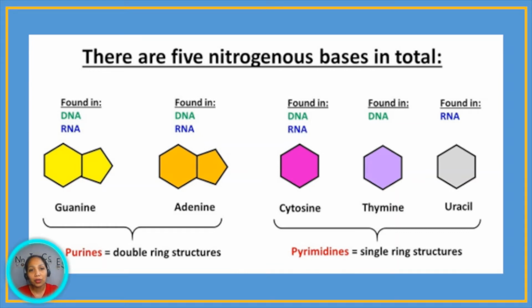However, it is also important to note that guanine, adenine, and cytosine are found in both the DNA and the RNA, while thymine can only be seen in DNA, and it is replaced with uracil in the RNA.